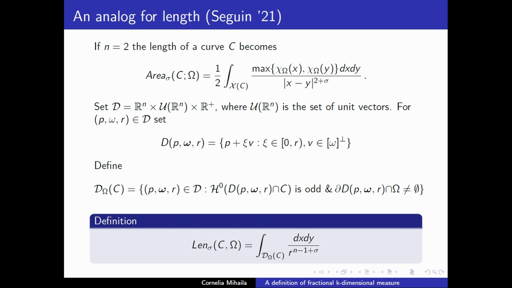And so for a triple in this set, I define the corresponding disk, D of that triple, to be the set of points that are of the form P, that's the center, plus ξ times V, where ξ is a length that's less than my radius, and V is in a direction which is perpendicular to my W. So basically, if I have a disk, I need to know where its middle is, and I need to know what direction I need to not go in, and I can go in any other direction, but no more than R amount, or like less than R amount.